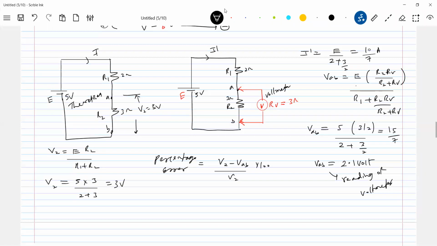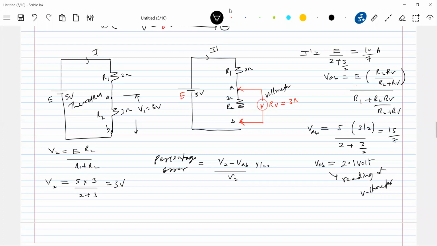So instead of this voltmeter of resistance 3 ohm, if I bring a voltmeter of internal resistance 100 ohm or say 30 ohm, then what will be the effective resistance? It will be near to 3 ohm. Then the error will get minimized. So what is a good voltmeter?